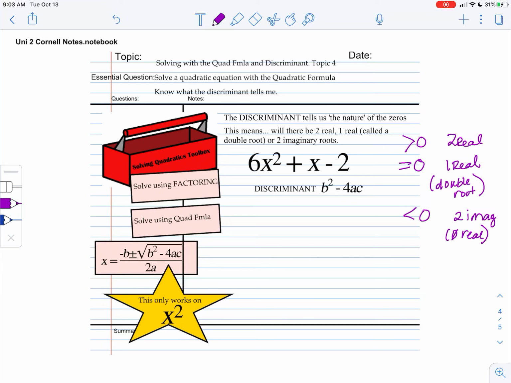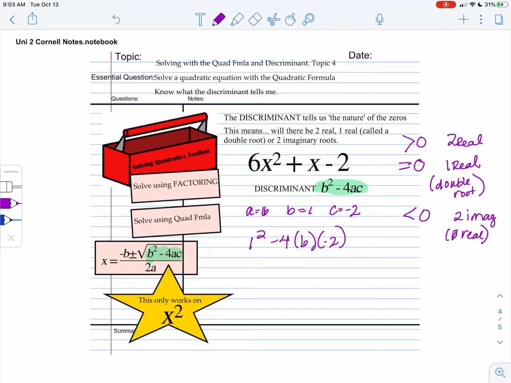And then I wrote this down. The discriminant is only the piece here, not the square root part, just the b squared minus 4ac part. Okay, the square root part is not part of the discriminant. It's just this part. So you still need to identify your a, b, and c. Whoops, 6. And then b squared minus 4 times 6 times negative 2.